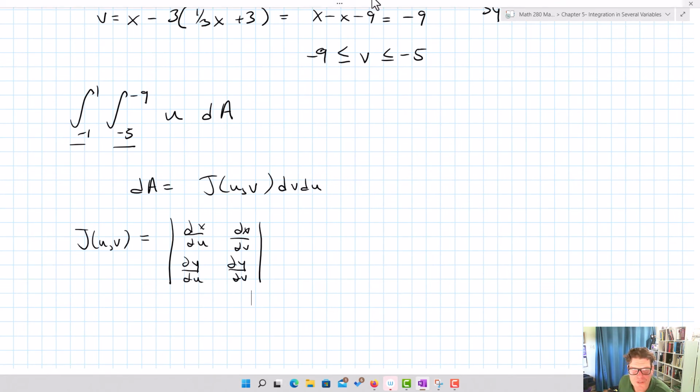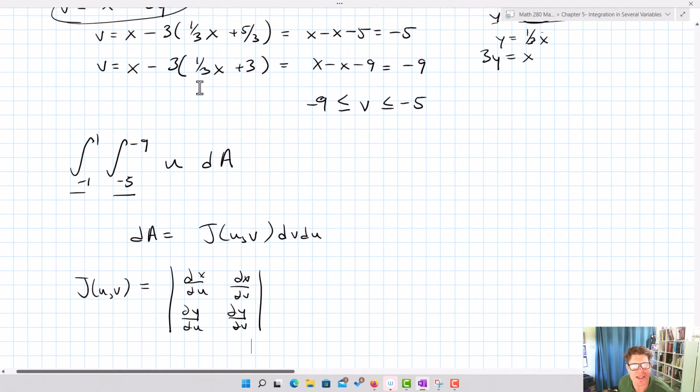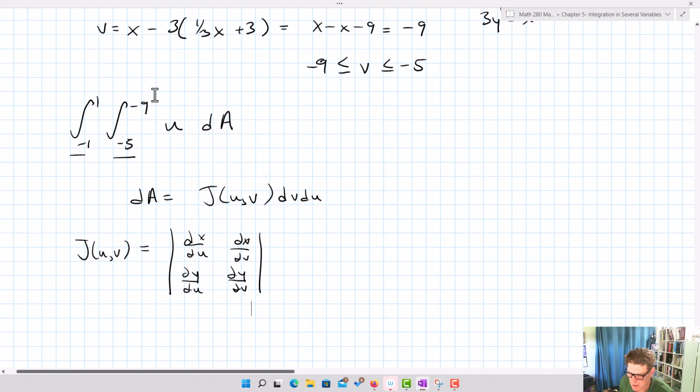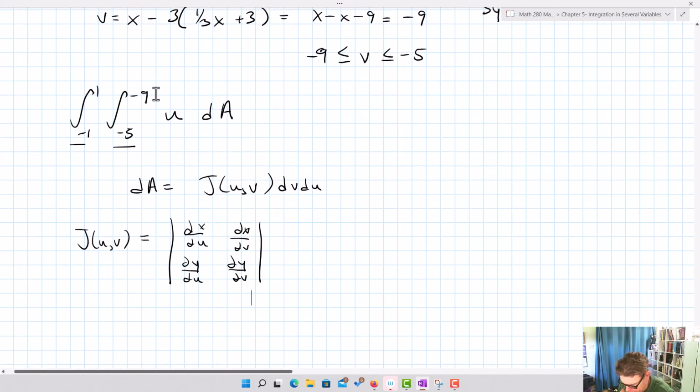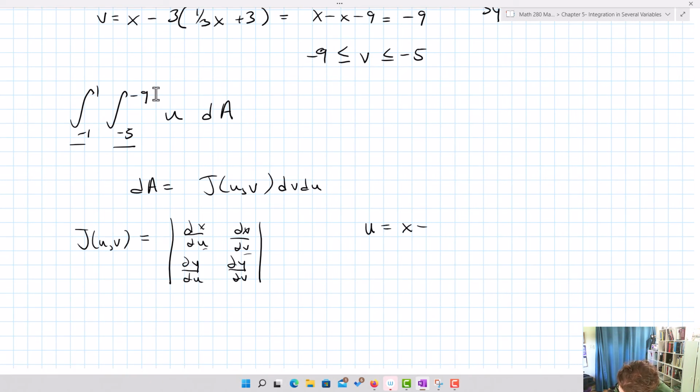What that means for us is that we're going to have to rewrite u and v in terms of x and y, because we're going to have to take the partials with respect to u and with respect to v. Right now we have u equals x minus y, and v equals x minus 3y.